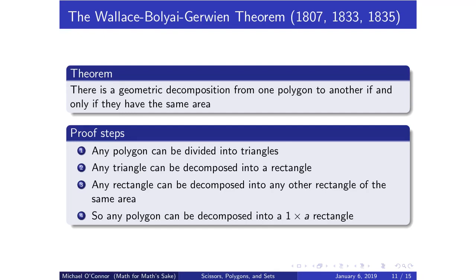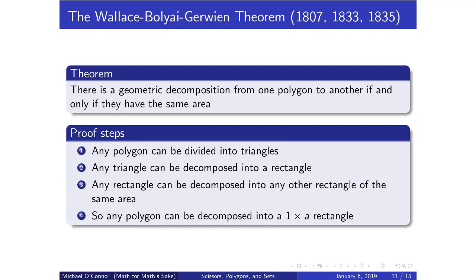But if you're not concerned with the number of pieces, there's a theorem from various people in the 1800s that you can always find some geometric decomposition from one polygon to another if they have the same area. We observed before that they have to have the same area, but in fact, as long as they have the same area, you can always find some decomposition from one to the other, which is good to know. And it's actually not too tricky a proof.